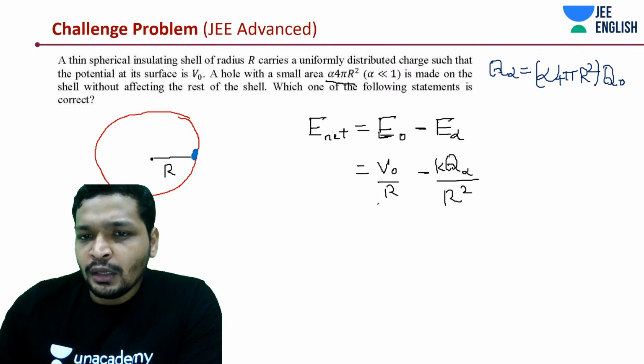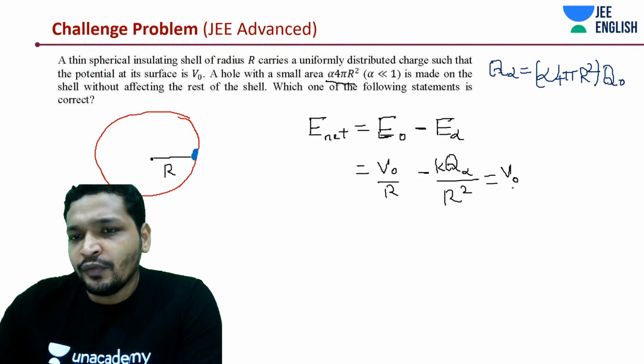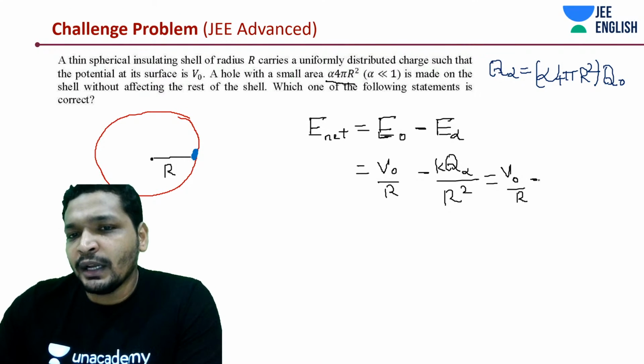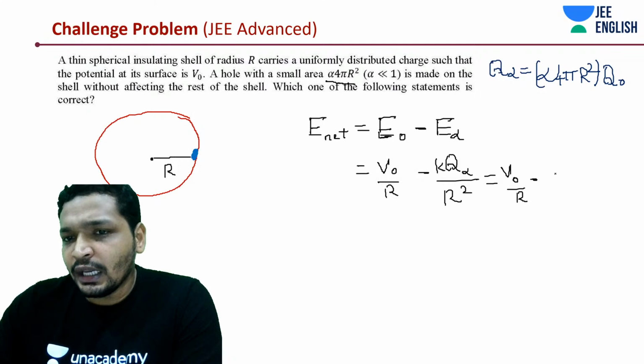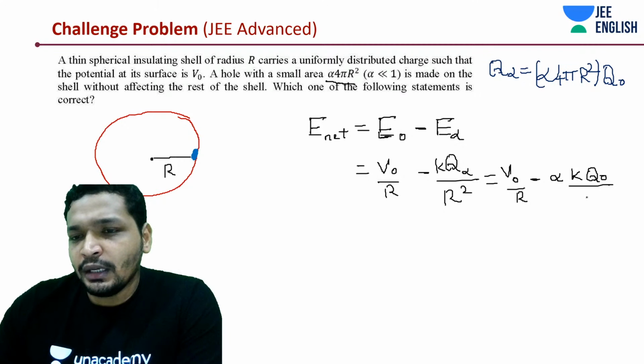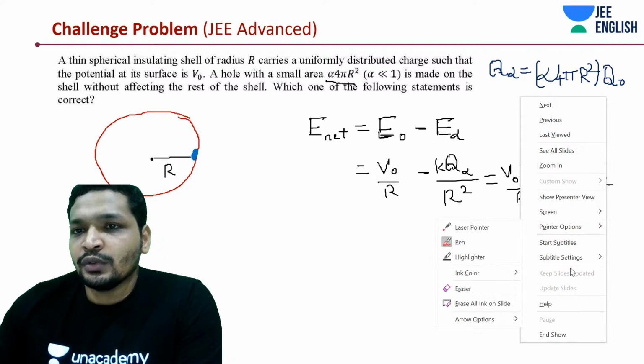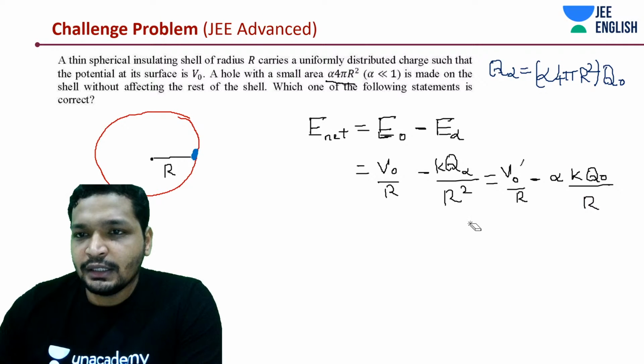Now K Q alpha, what is that? V naught by R minus K alpha into Q naught by, I'm sorry guys, Q alpha would be just alpha into Q naught.